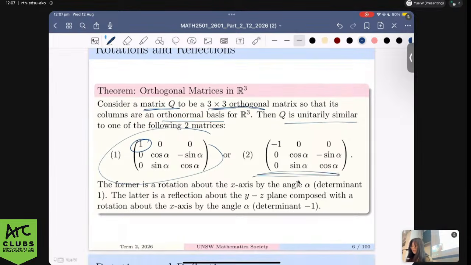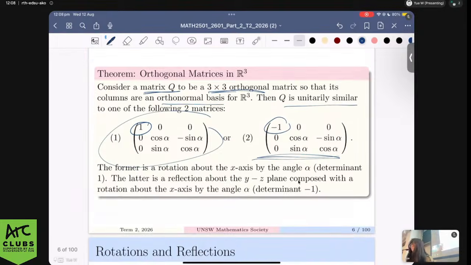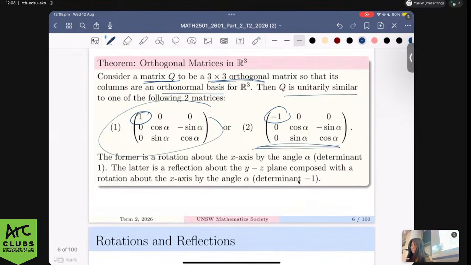The second matrix is very similar, except now we have the -1 in the top left corner, which indicates that it is a reflection. So pretty straightforward. For a rotation, the determinant is equal to 1, and for a reflection, the determinant is -1.